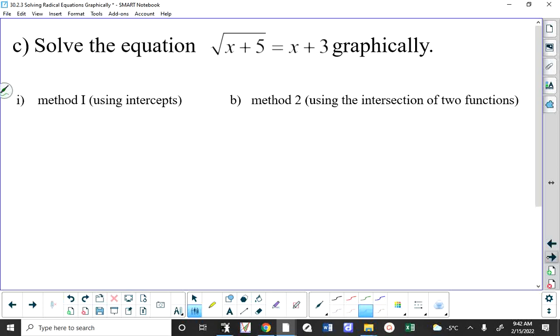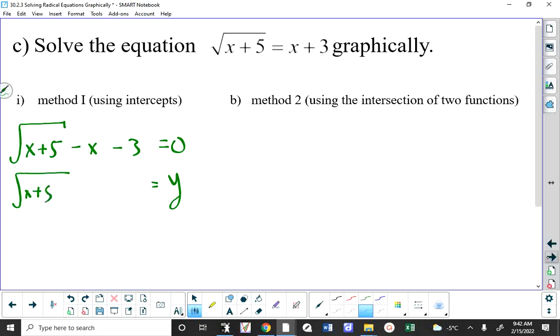That involves taking the equation and zeroing the equation so that you can equate 0 with y. Let me rewrite that. That's pretty sloppy.